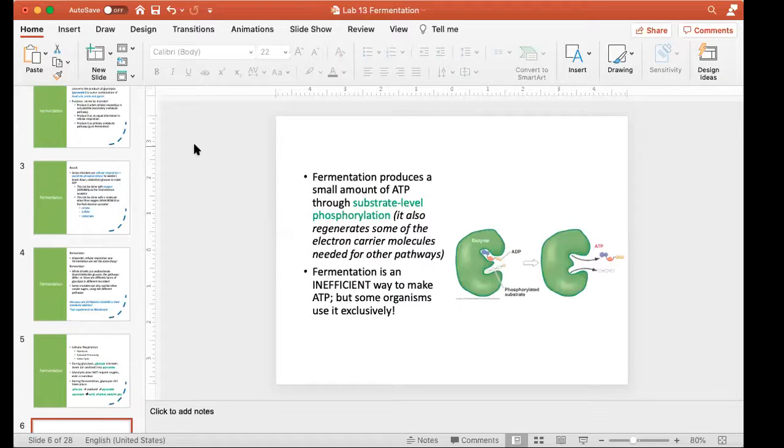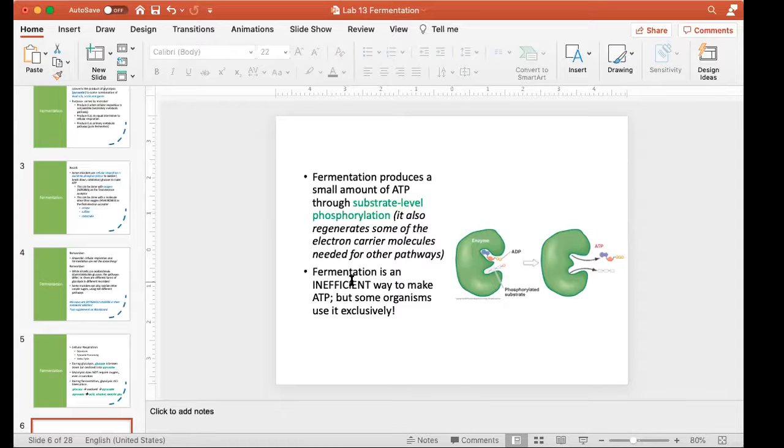Fermentation makes ATP, but it makes a small amount relative to respiration. In other words, it's inefficient. For the same amount of glucose, you're going to get less ATP made through fermentation. It also does it through a different mechanism. We talk about this in lecture. Cellular respiration produces ATP through oxidative phosphorylation. In fermentation, the ATP is made through substrate level phosphorylation.